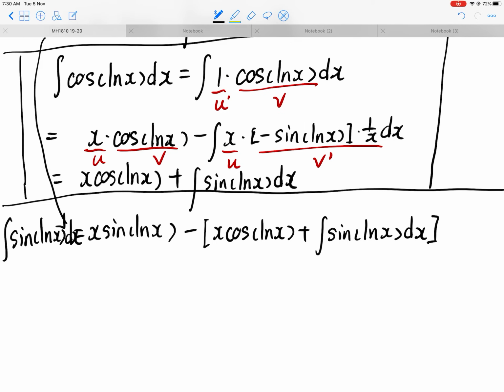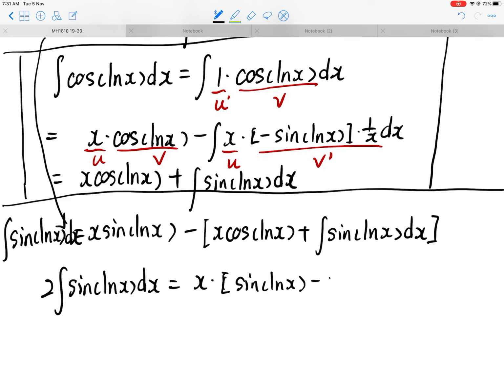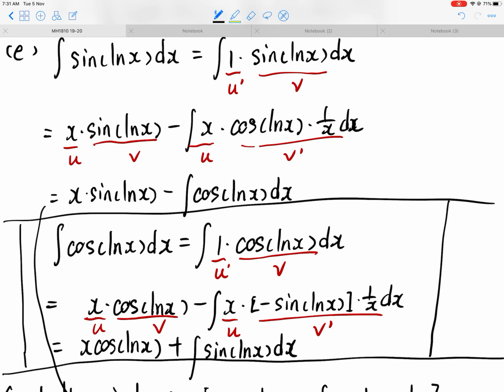Now it seems that we have the answer because we can move this to the left. It's 2 integration of sine ln x equals x times sine ln x minus cosine ln x.